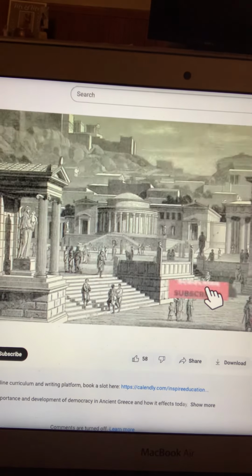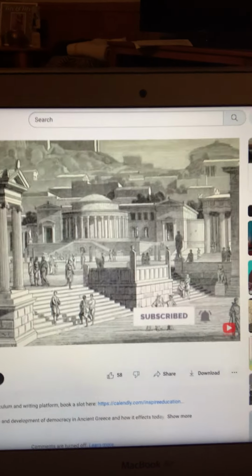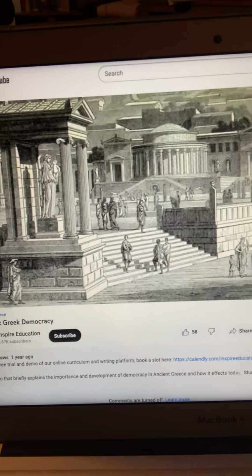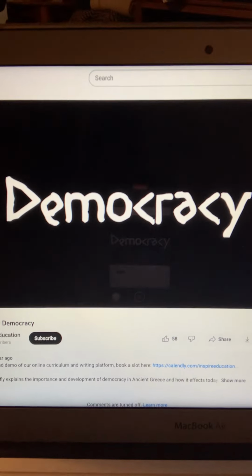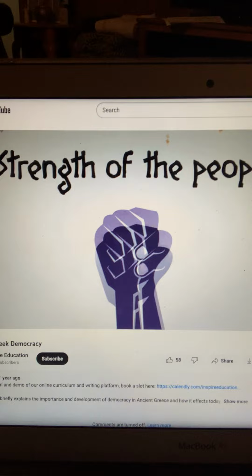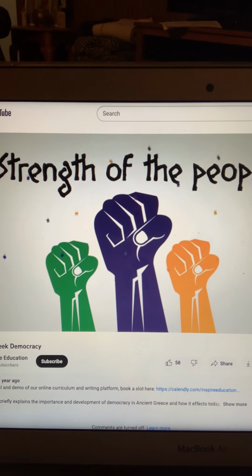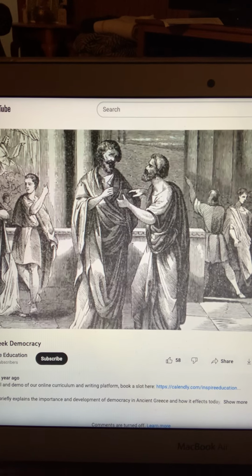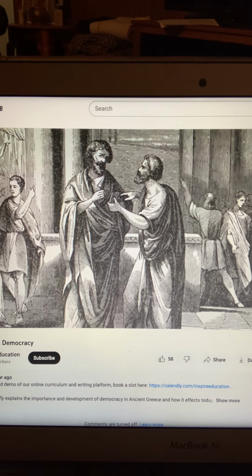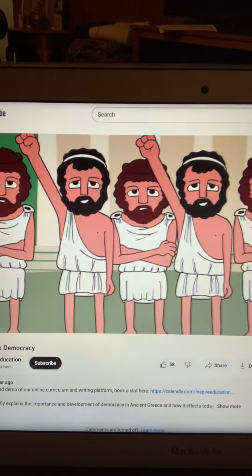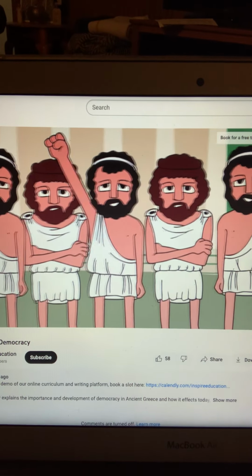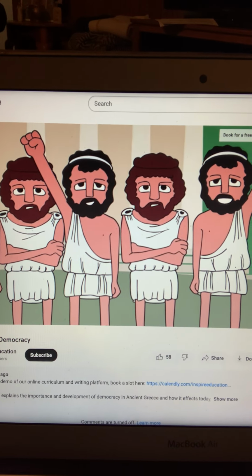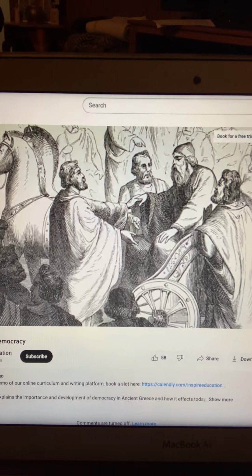Democracy. In the 6th century BC, the Athenians developed a new type of government called a democracy, which means strength of the people. The new government had 3 parts. The assembly included every free-born male citizen, around 30,000 men.